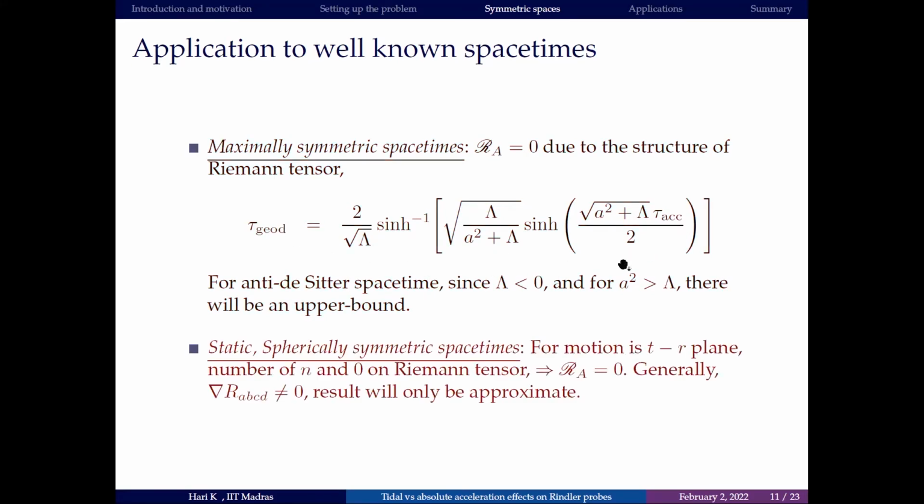For static spherically symmetric spacetimes, using coordinates t, r, theta, phi, if the observer is moving in the t-r plane, we can again prove that R_A will be 0. The problem is that the gradients of R_ABCD will not be 0, so our results will only be approximate, and that will be the best approximation we can obtain.